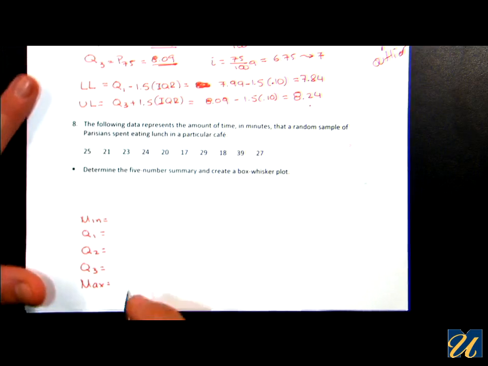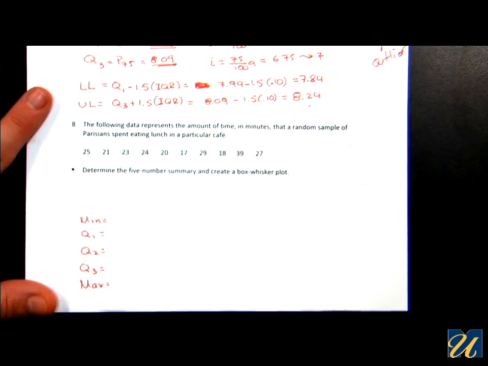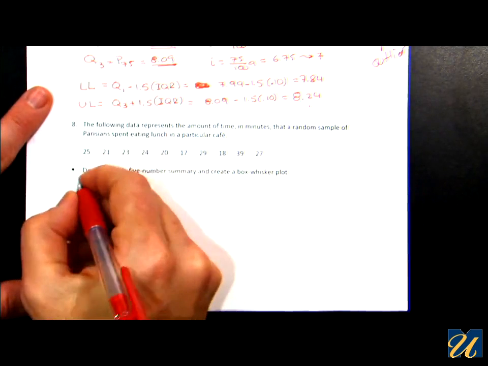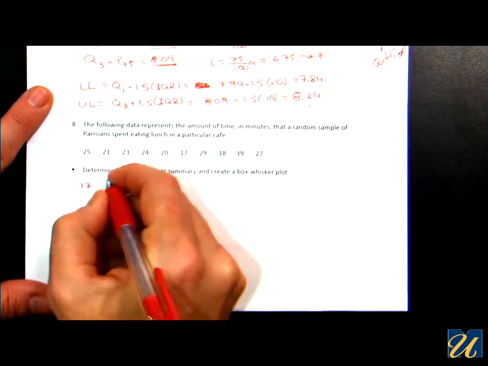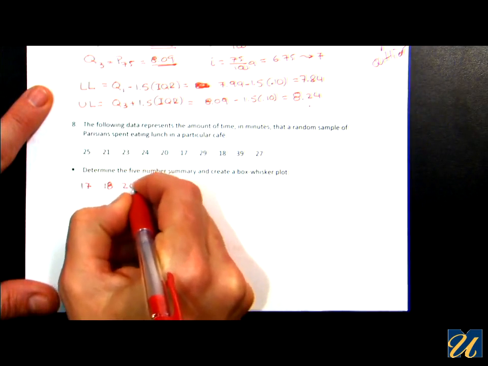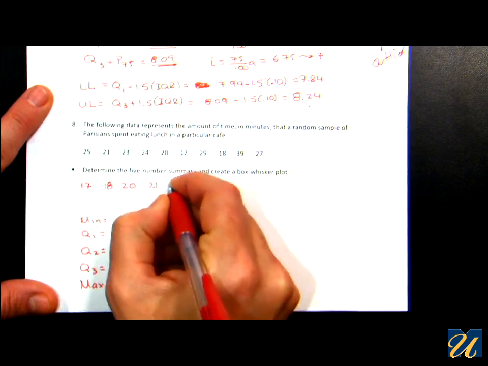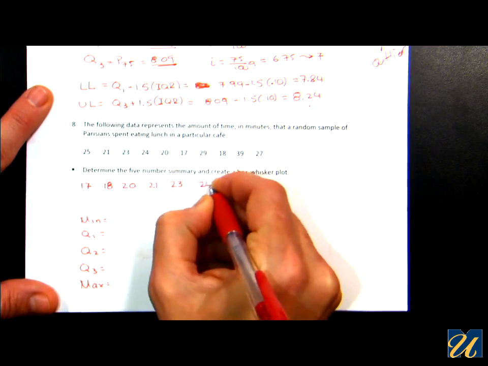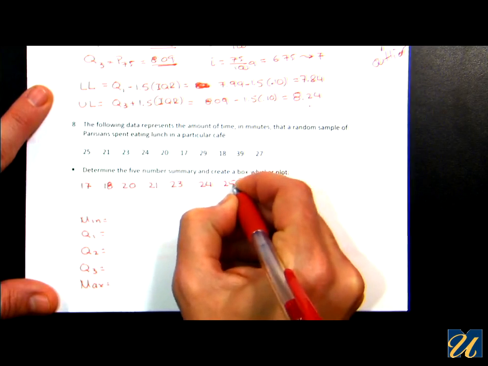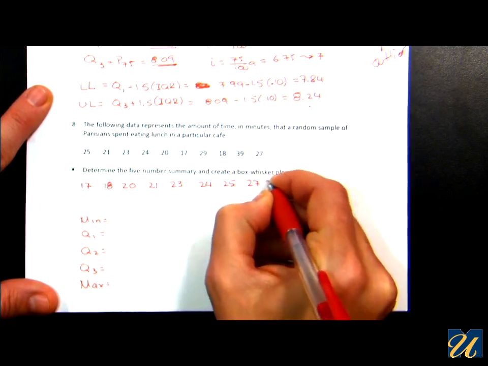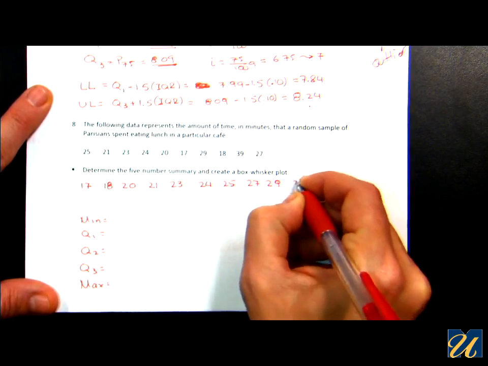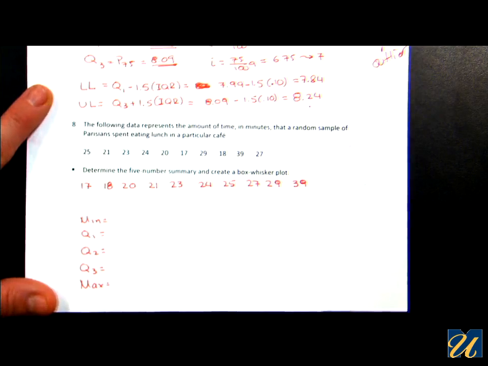First thing I need to do is place the data in order. So I will have 17, 18, 20, 21, 23, 24, 25, 27, 29, and 39.